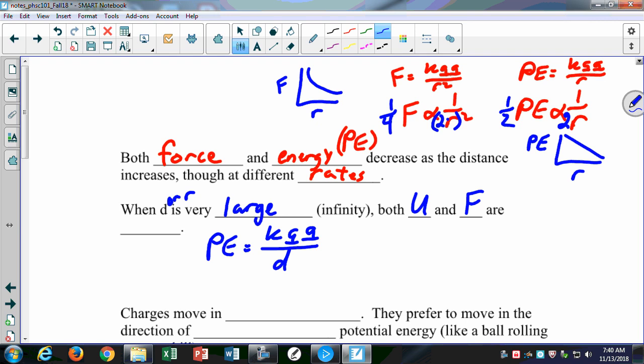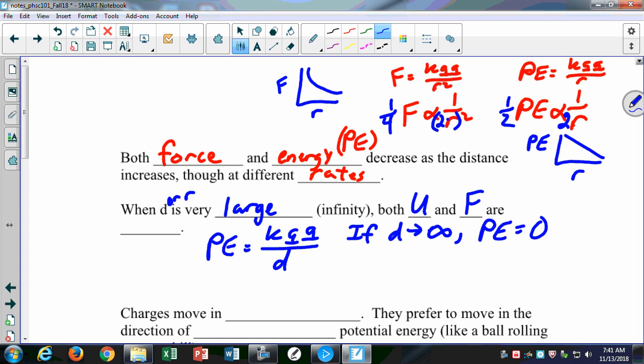If I have two charges a certain distance apart, but then I move them further and further apart, what eventually happens to the potential energy that they possess? It starts approaching zero. Right. And eventually it will approach zero, or we'll just say that it becomes zero. If D approaches infinity, then the potential energy equals zero.